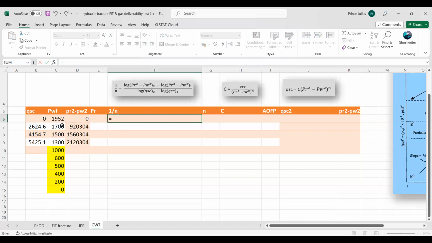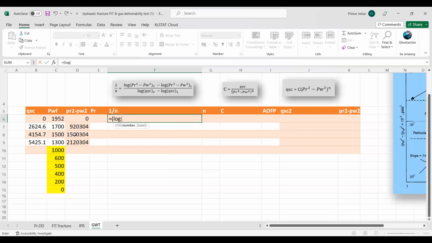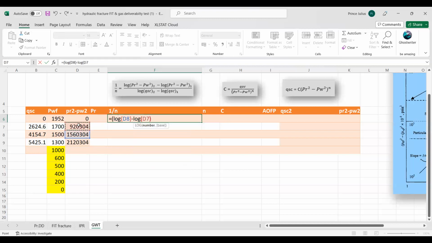So log y2. So right now my y-axis on the graph is PR square minus PW square. I will start with a bracket log y2. So my second point is this, minus log y1, that is this. I have closed the bracket.